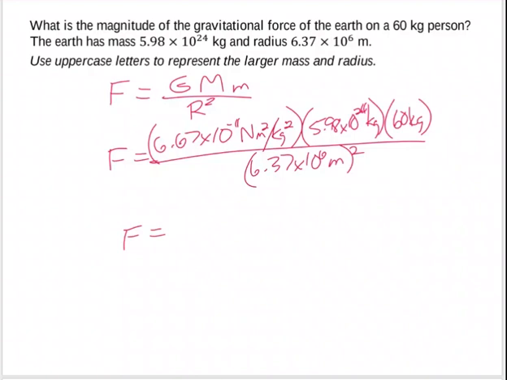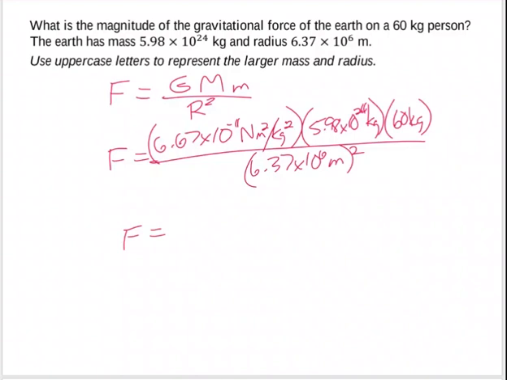Times 5.98 times 10 to the 24th, times 60. That's on top. Did you forget to square the denominator?